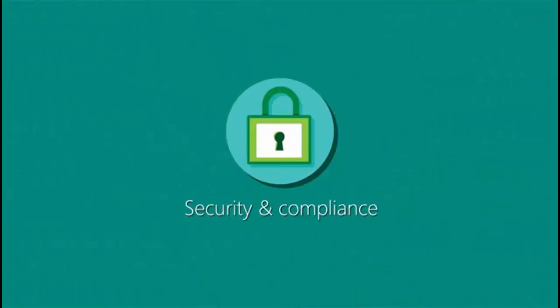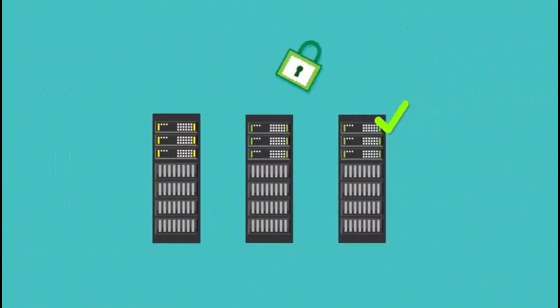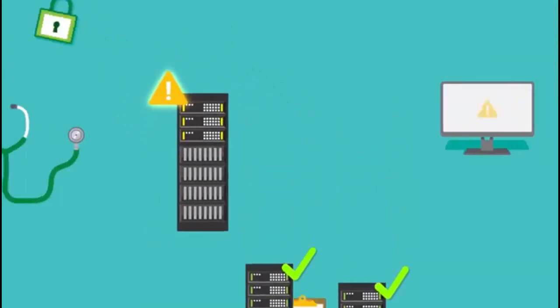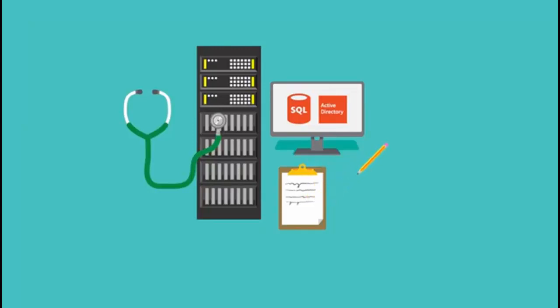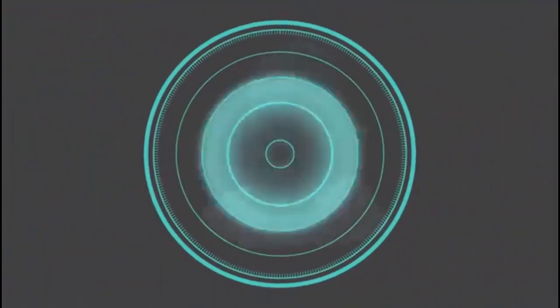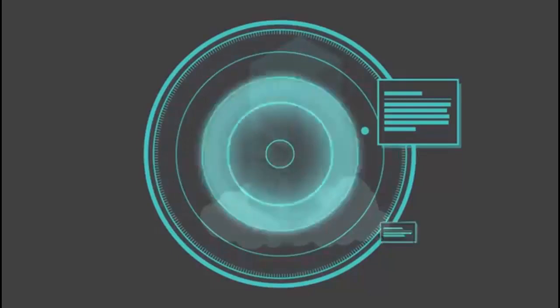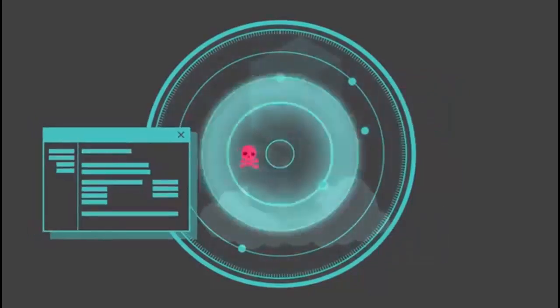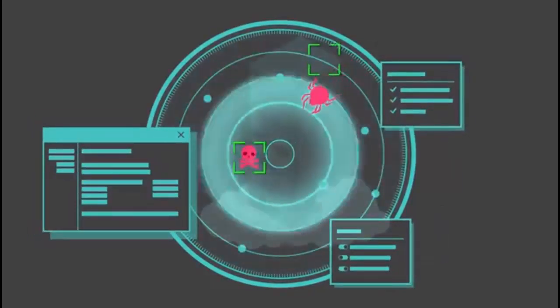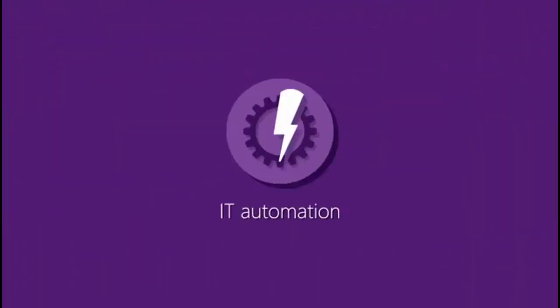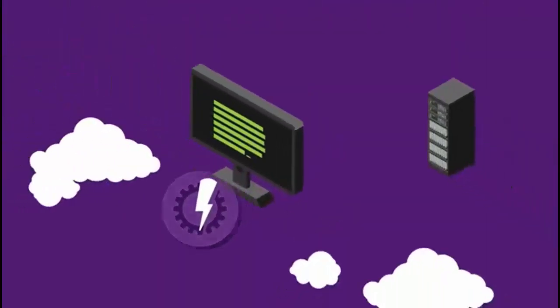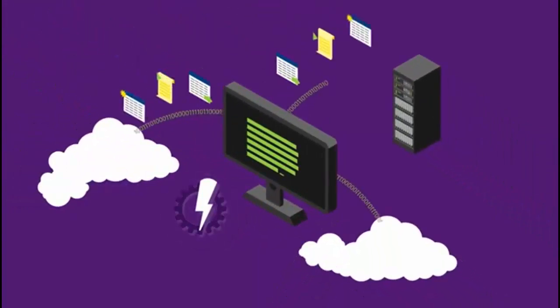OMS enhances security and compliance by quickly recognizing missing system updates, assessing the risk and health of workloads like SQL and Active Directory, collecting security-related events for forensic, audit, and breach analyses, and identifying configuration changes that pinpoint operational issues across your entire hybrid environment. You can also automate complex operations and take control of your environment by remediating operational issues.